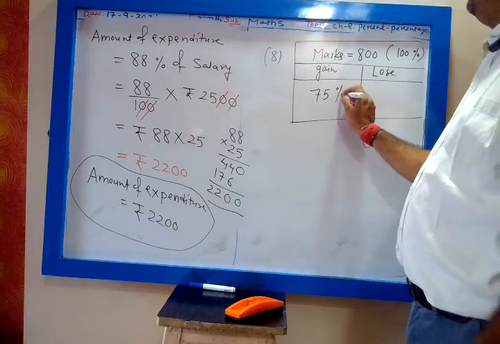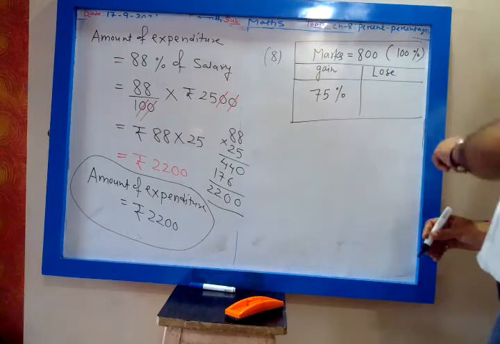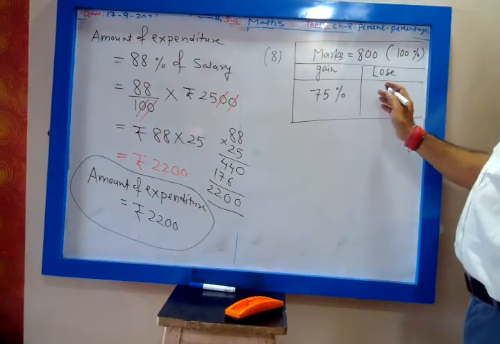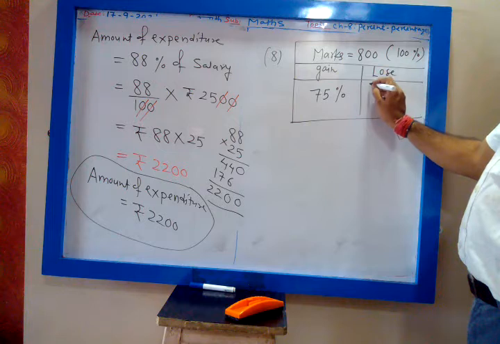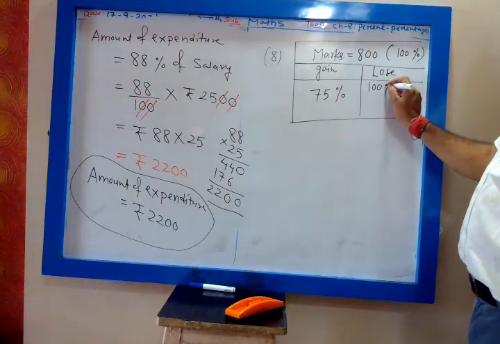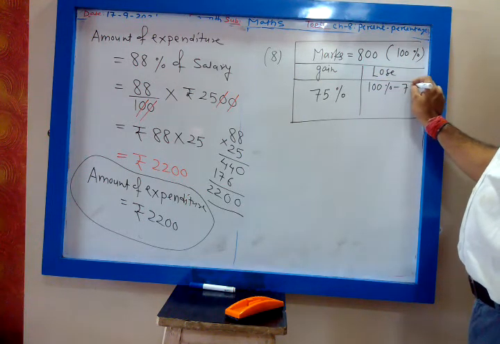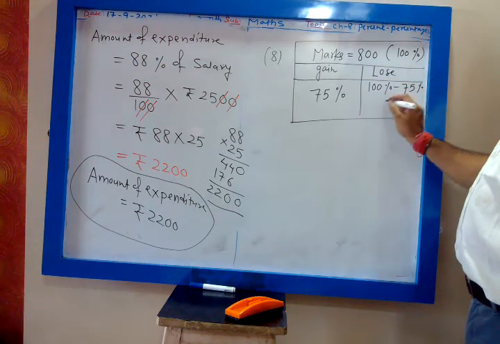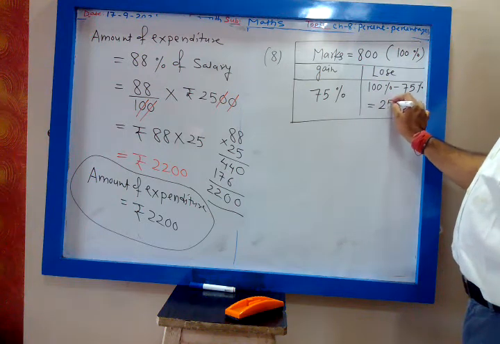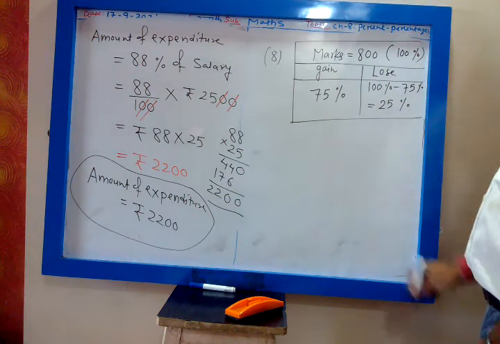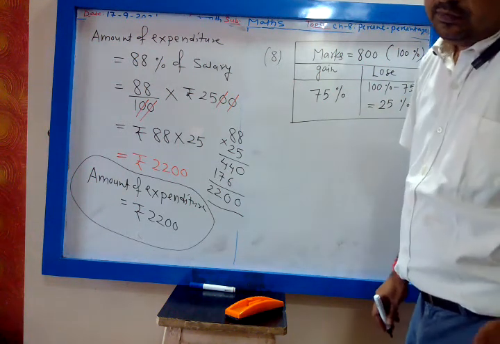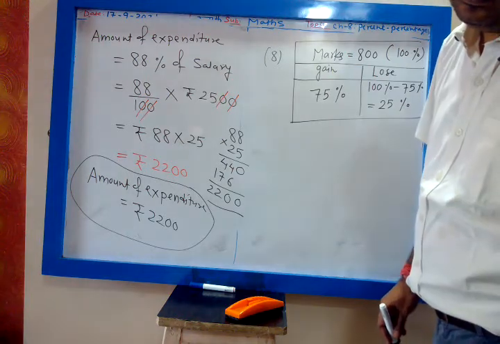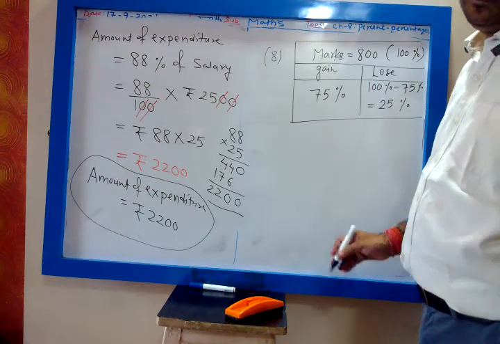So how much percentage did she lose? The total is 100%, so 100% minus 75% is 25%. So she lost 25%. We have to find this percentage in terms of marks.